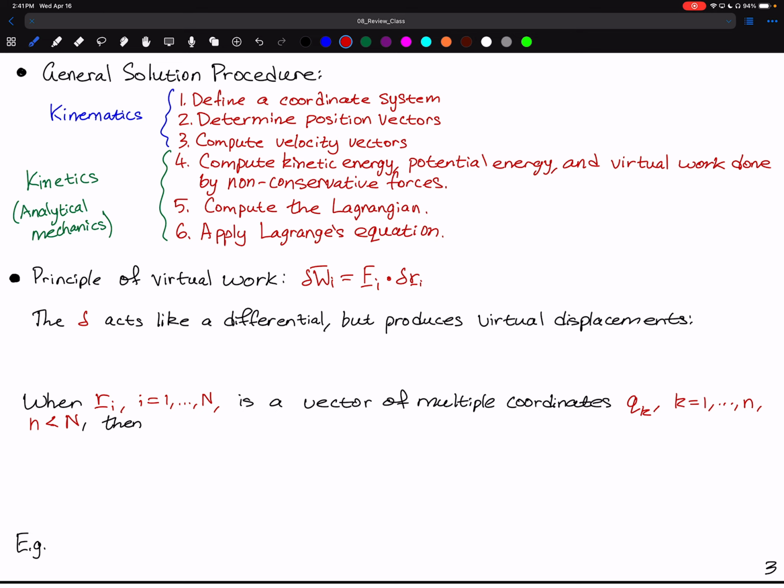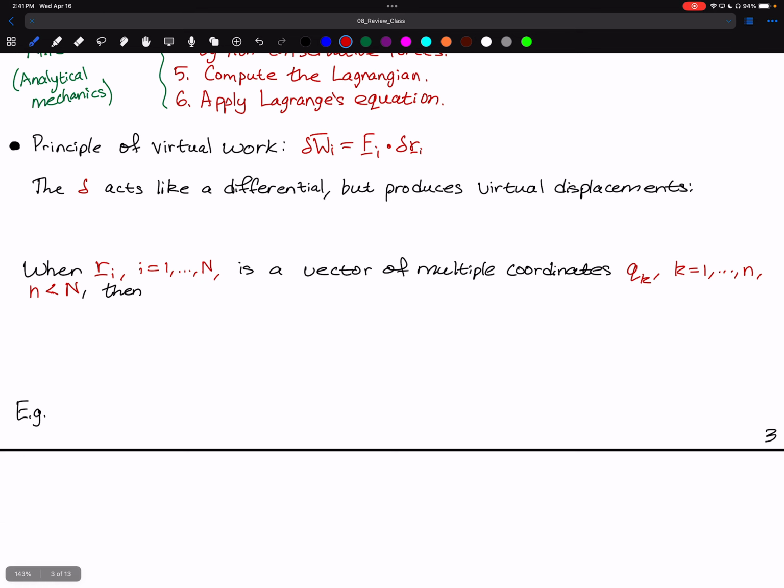So specifically, if this vector r is a function of our generalized coordinates, or just let's say a generalized coordinate q, then delta r, which is a function of q, is going to be equal to the derivative of r with respect to that coordinate q, multiplied by a delta q.